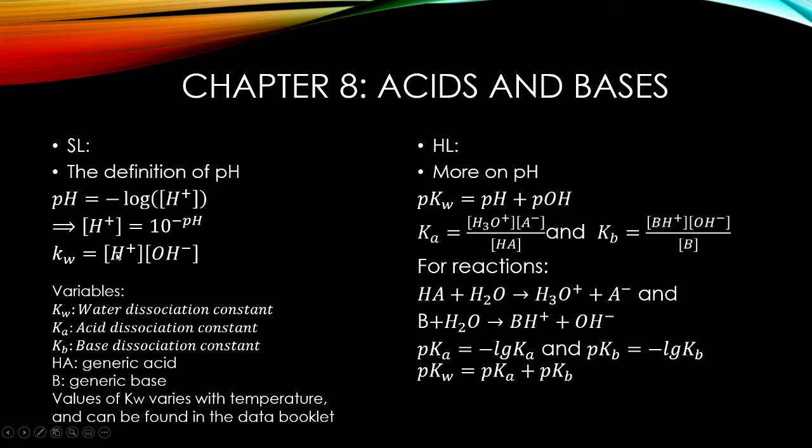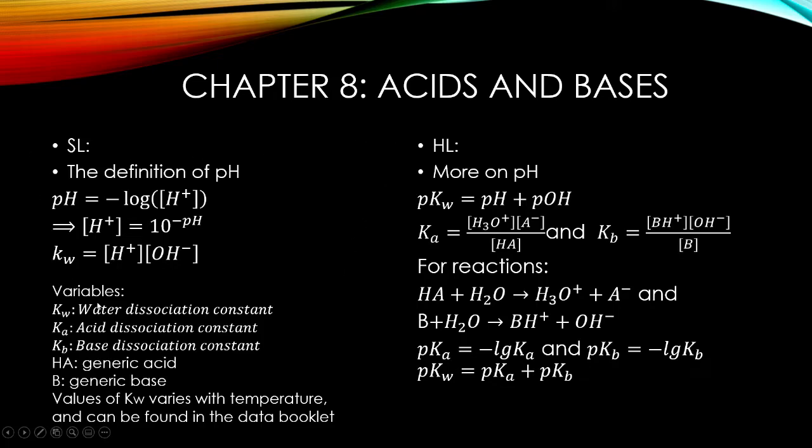So that's usually when you would do calculations. Otherwise, it's supposed to be stated. But I do think there's a table where it shows the variation of Kw with temperature. So you just find the correct value, and then if you have the value for proton concentration, you can find the value of OH minus concentration and vice versa by knowing the Kw. You just divide both sides.